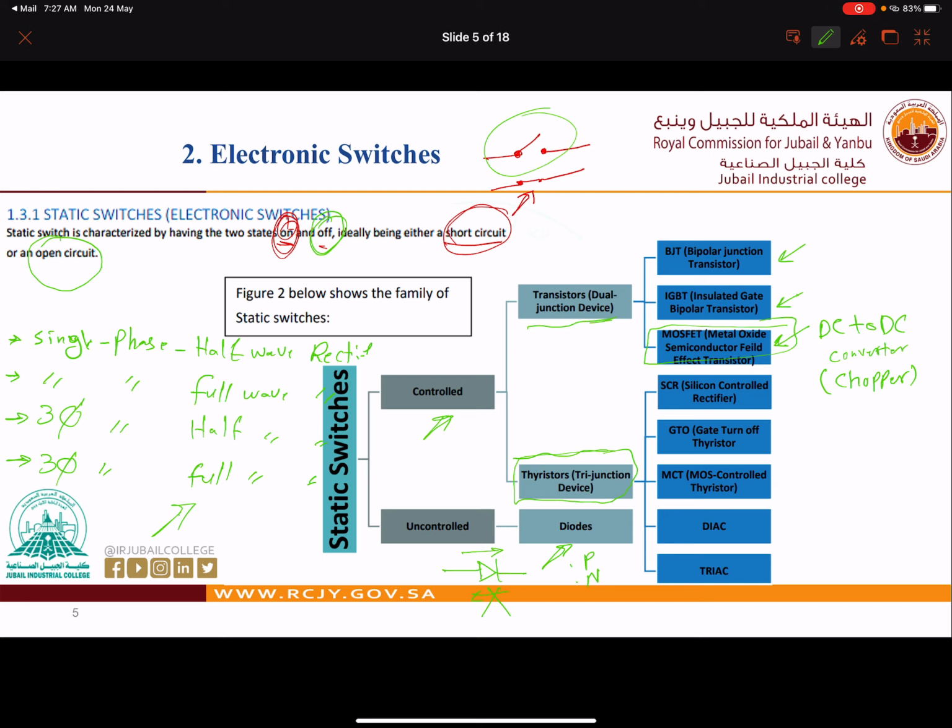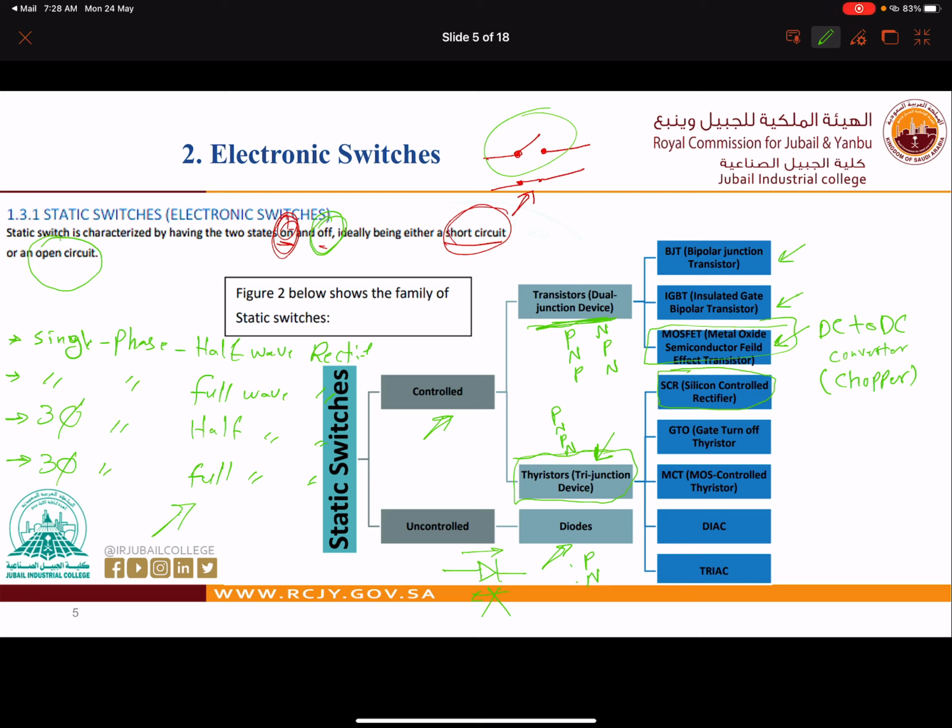Now for the transistor, we have a dual junction, either PNP junctions or NPN junctions. So we have dual junctions here. In the thyristor, we have tri-junctions. We have 4 layers, P, N, P, N. Now for the thyristor, we have many types, but the most important one is the SCR.